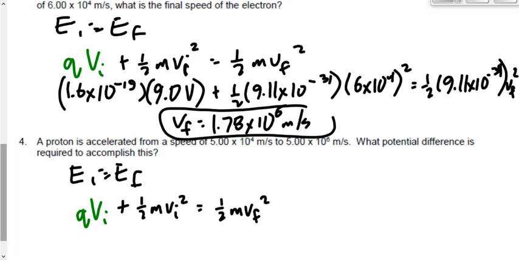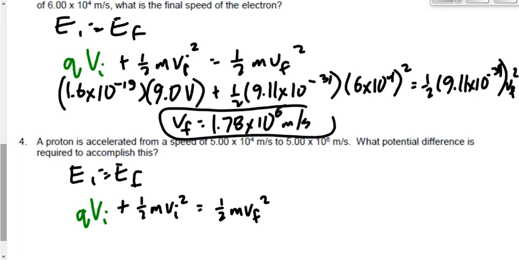We don't really know if we're at the bottom of the hill, right? We can be a car accelerating down a hill. Halfway down the hill, maybe the car is moving at 5 times 10 to the 6 meters per second. So we don't know if the final potential is actually 0. So how do we deal with this if we don't know if the final potential is 0?